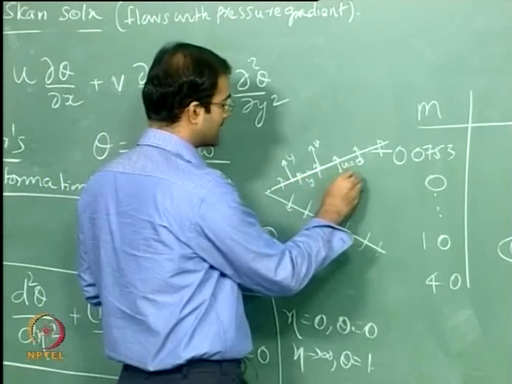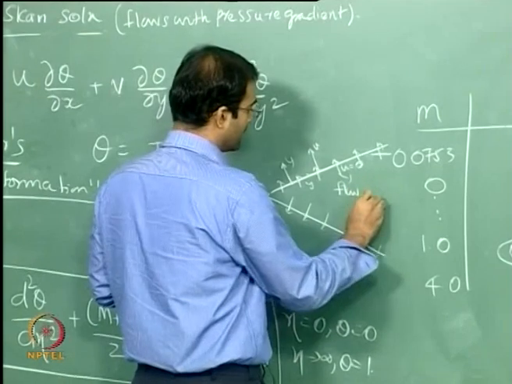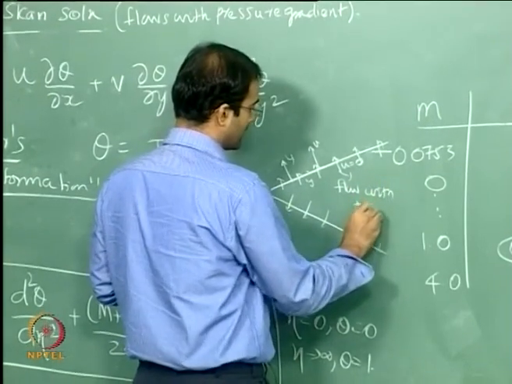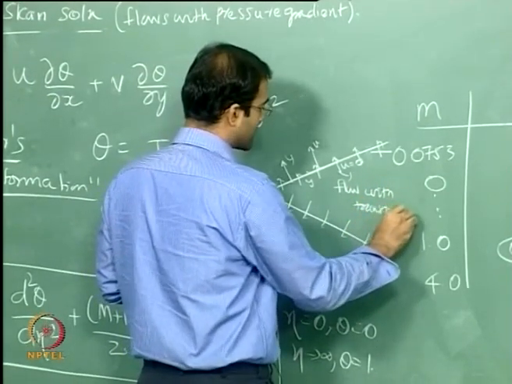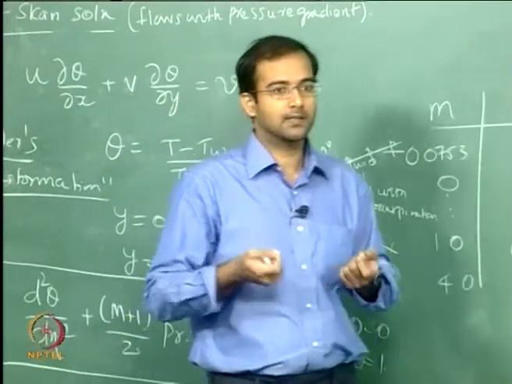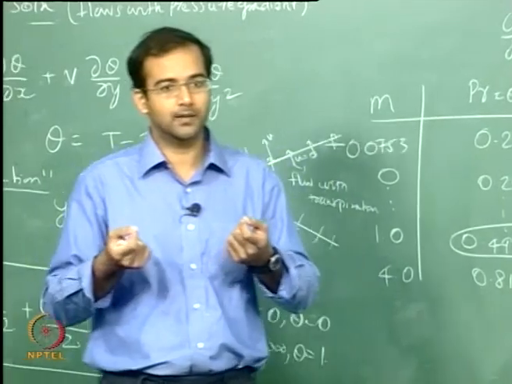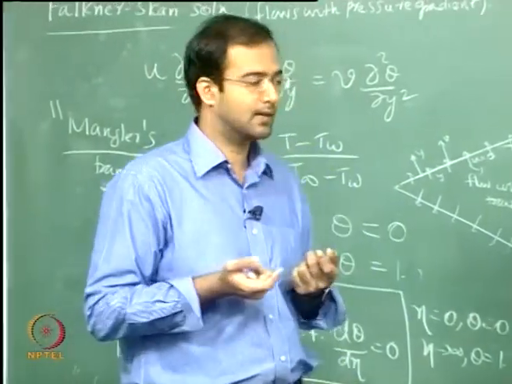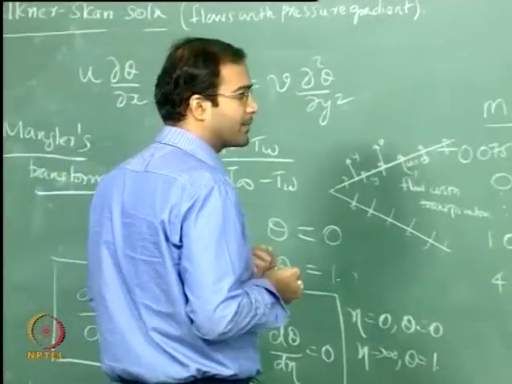So this is a typical flow with transpiration. In that case you can have a small value of vertical velocity at the wall. It will not be that much, but it will be small enough. Typical applications are in boundary layer separation control.